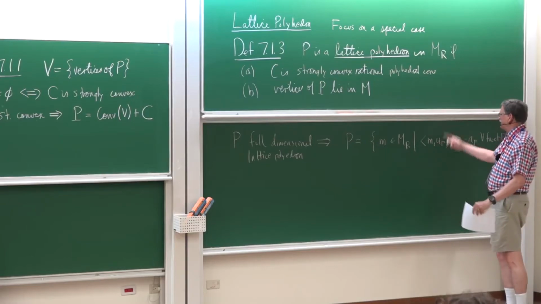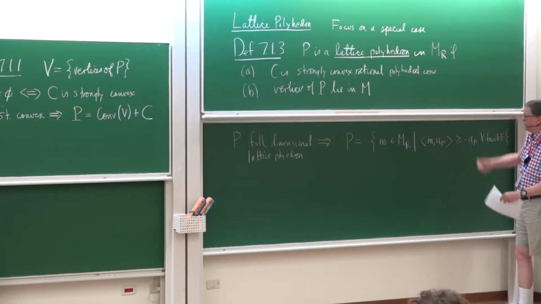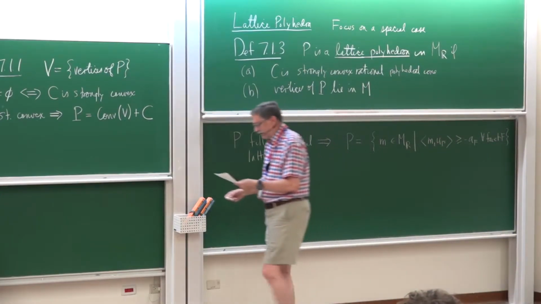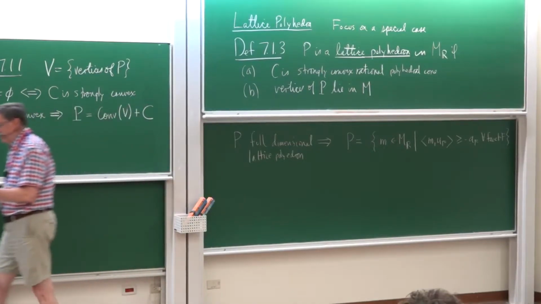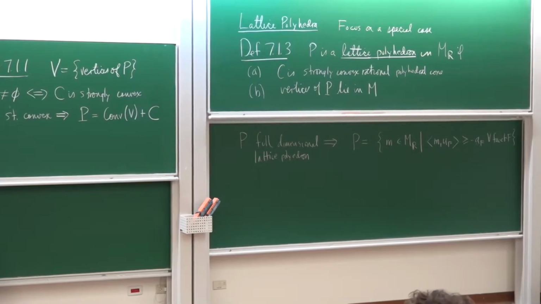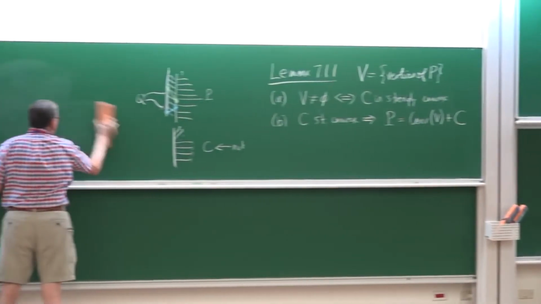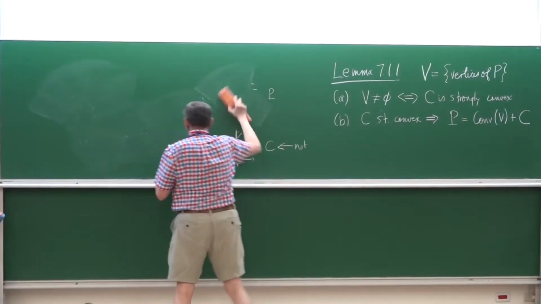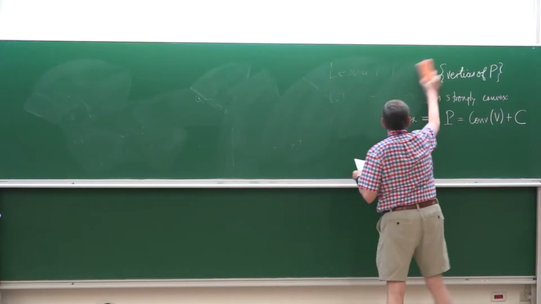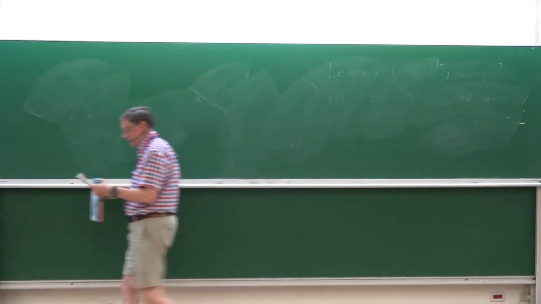For each facet, this is the first lattice vector in the normal direction. So all that fits together pretty nicely. Then also we can take a polyhedron and make a cone out of it. And that's useful for various constructions.